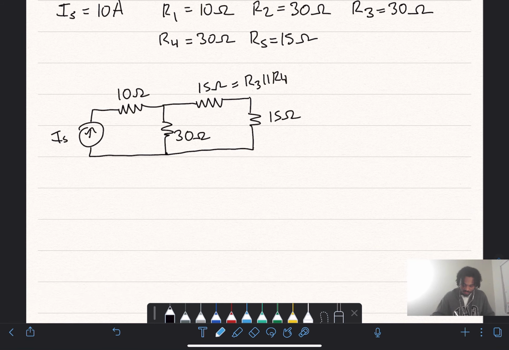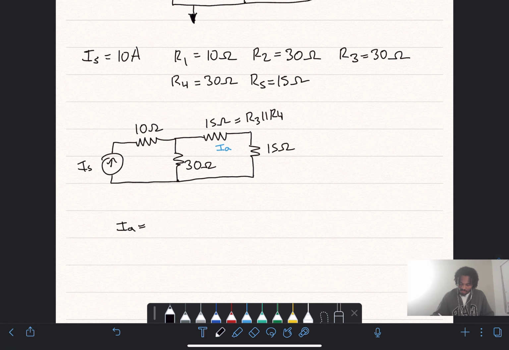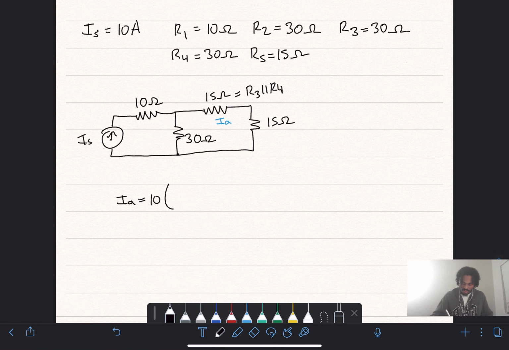So I'll make another variable, IA. IA is going to be equal to our source current, which is 10 amps, times RT. Now, our RT is this entire combination.